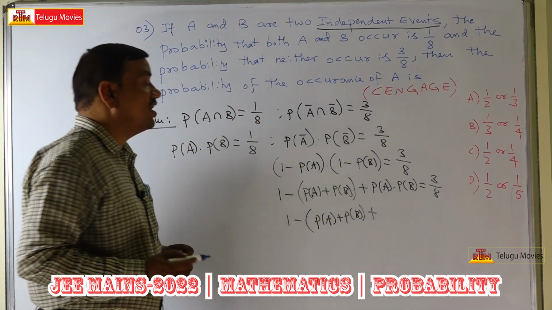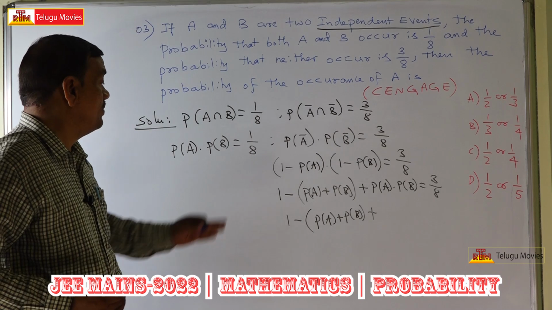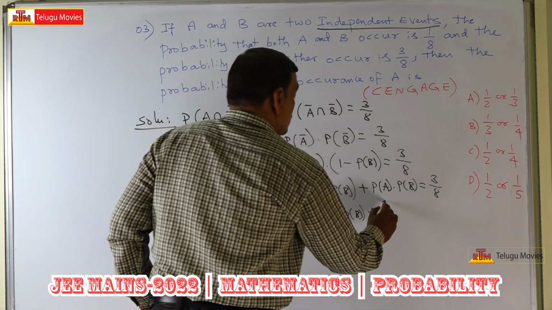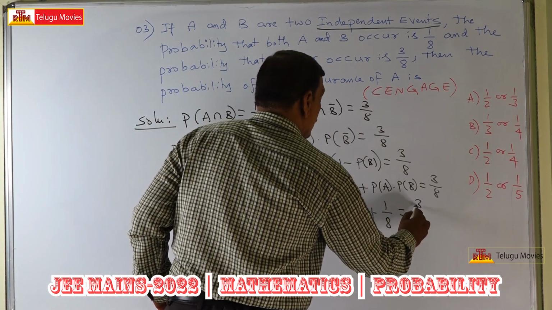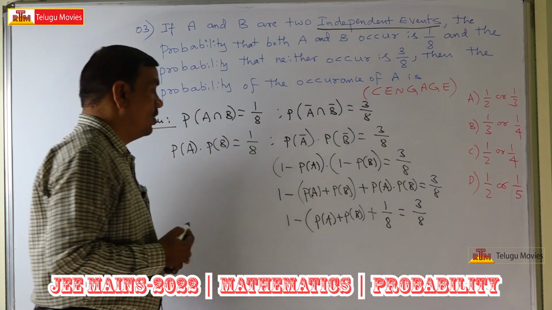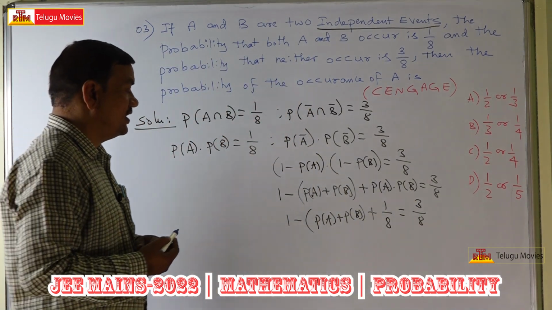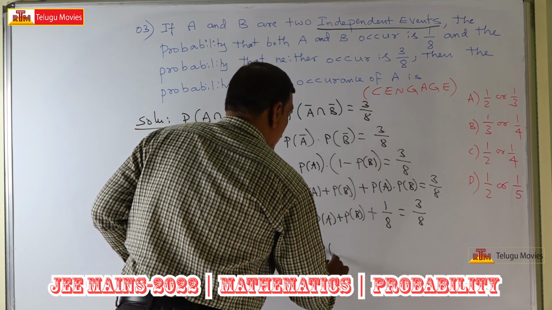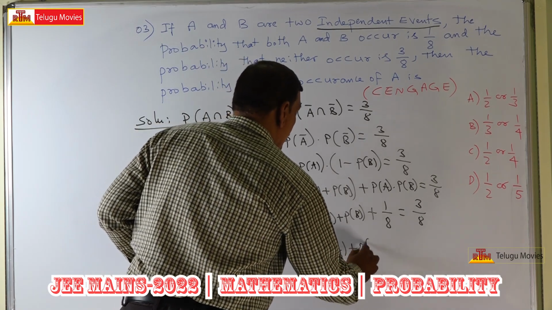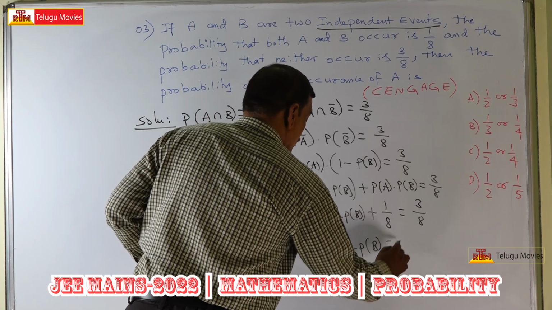Probability of A times probability of B we know, it is 1 by 8. So if you solve this equation, you will get probability of A plus probability of B is equal to 3 by 4.